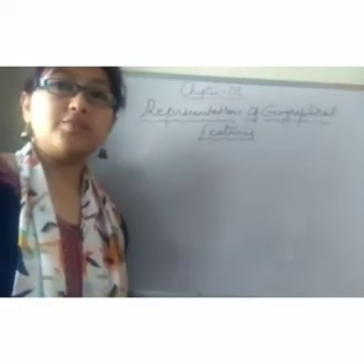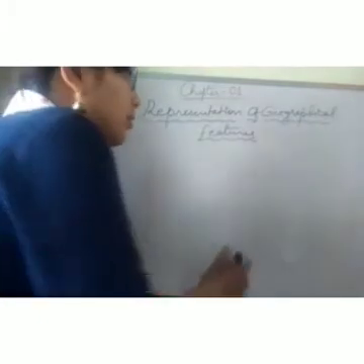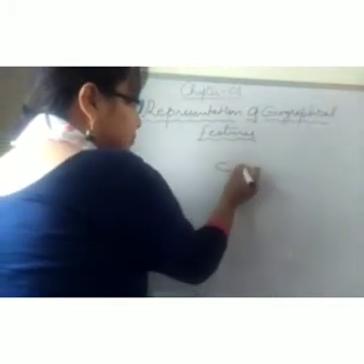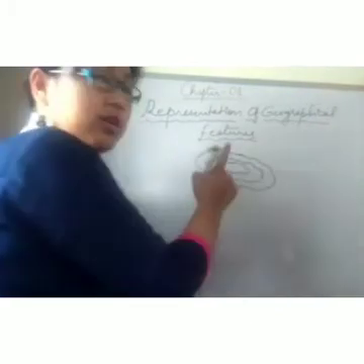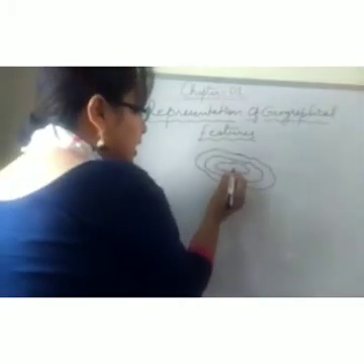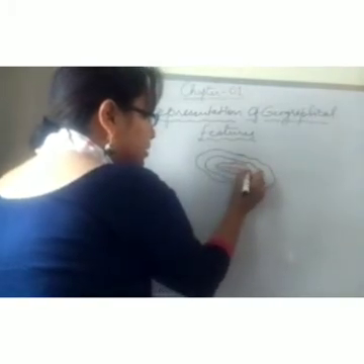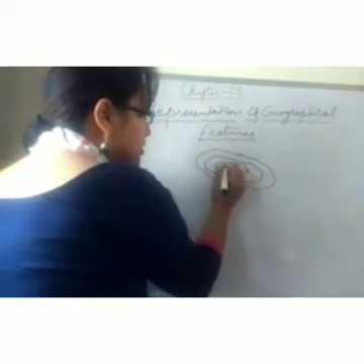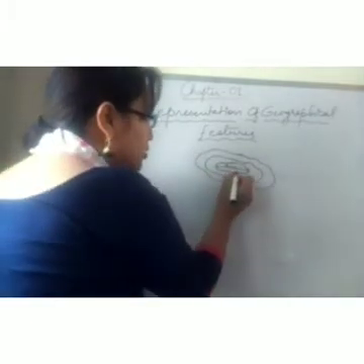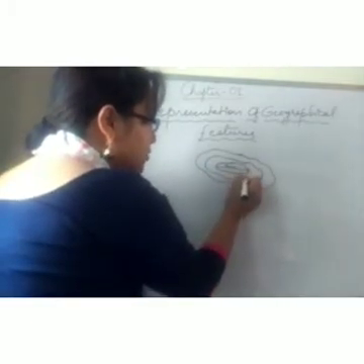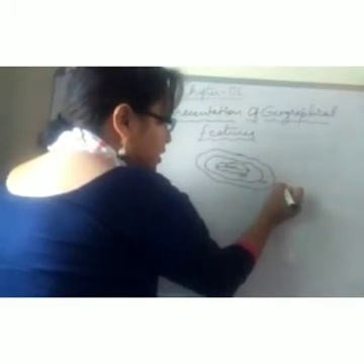Let's do one more activity so that you can understand it better. Now just make contour lines. There are 3 contour line heights, and the gap between these 2 points is, let's suppose, 3 centimeter. Now this one is 300 meter, the second one is 200, and the first one is 100.